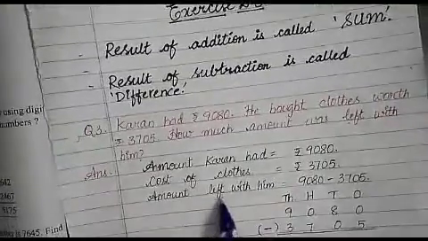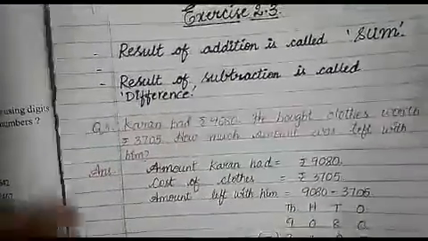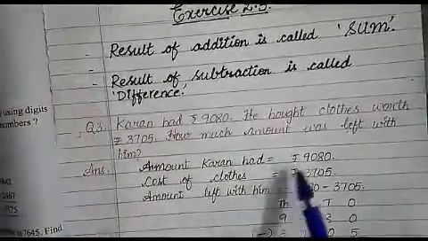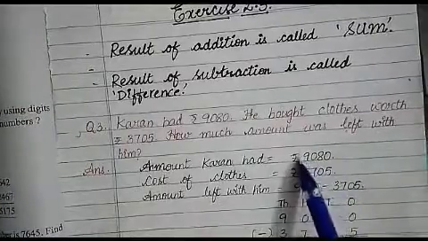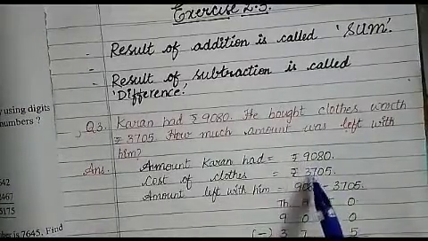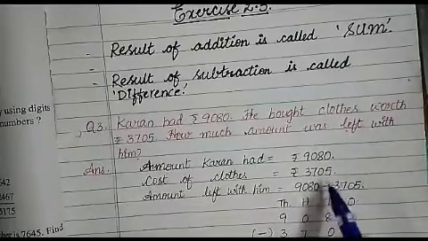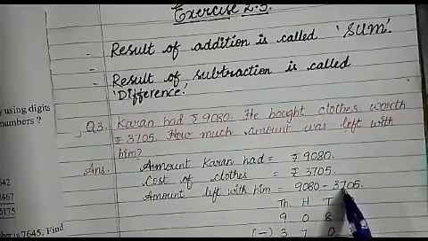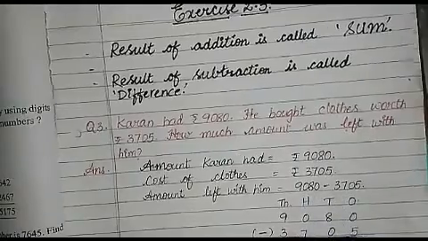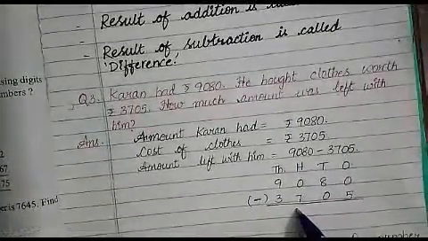So to find the amount left with Karan, we have to do subtraction, because when he bought clothes he has to give this much money to the shopkeeper, no? So after giving this amount, how much is left? We have to do subtraction here.